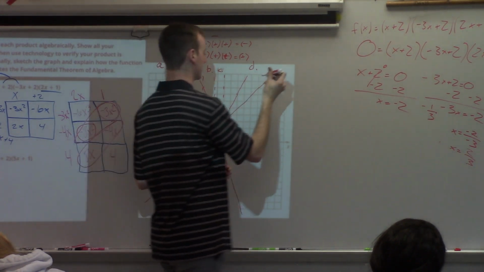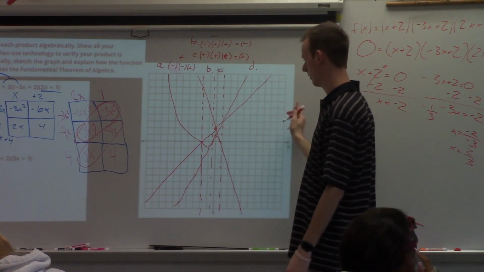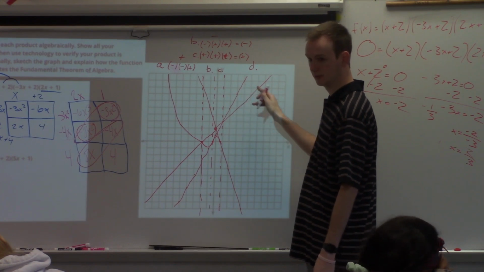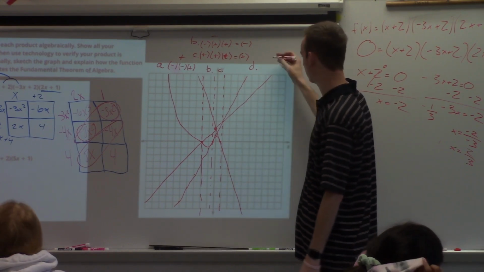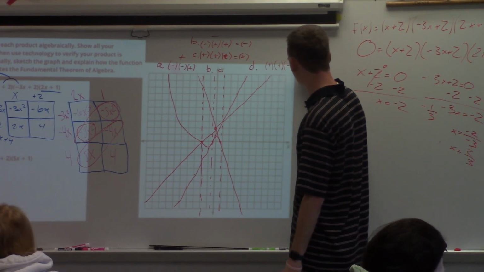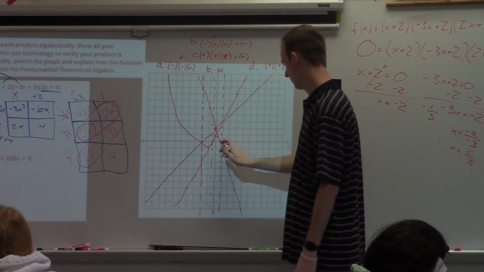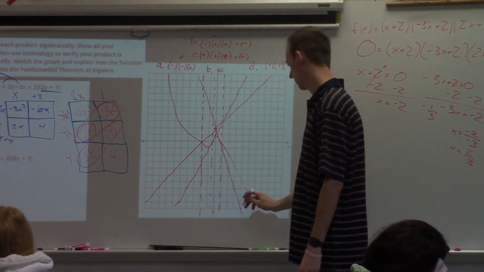And then now let's look at section D. So now we're looking to the right of this dotted line. We have a positive and a negative. So this is going to come back down like that.